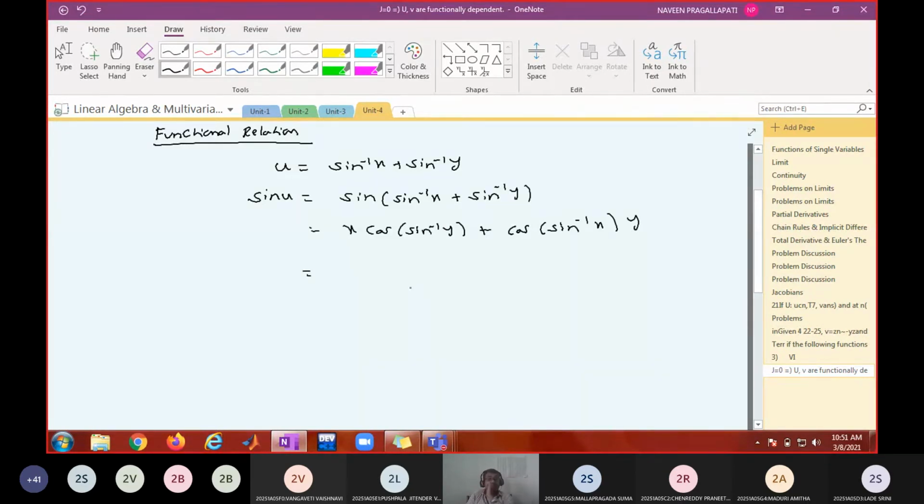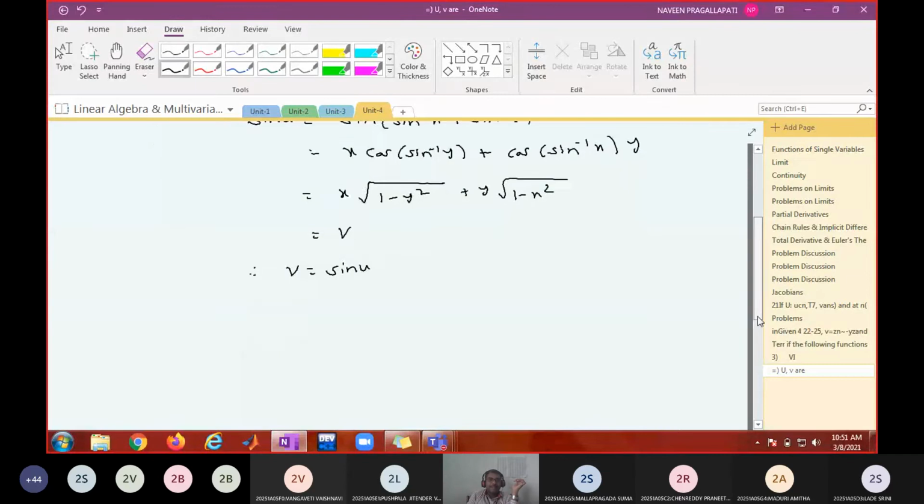Cos is under root of 1 minus sin square. So in that case, it is going to be root of 1 minus sin square plus y into root of 1 minus sin square. Am I right? Which is b. Is it fine?